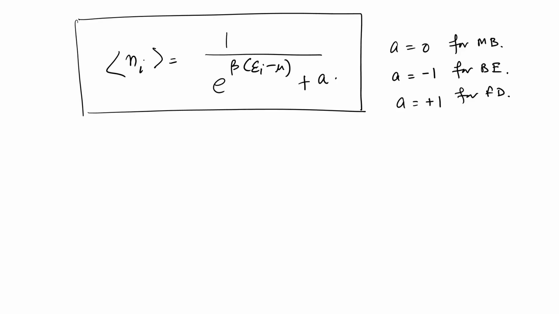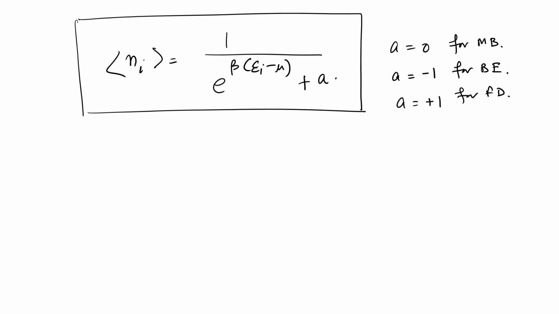Okay. So, it is important to understand that for bosons, mu has to be greater than 0, because otherwise you will have negative occupancies or negative average number of particles, which does not make sense. So, for bosons epsilon I minus mu should always be greater than 0, or rather mu should be greater than 0.